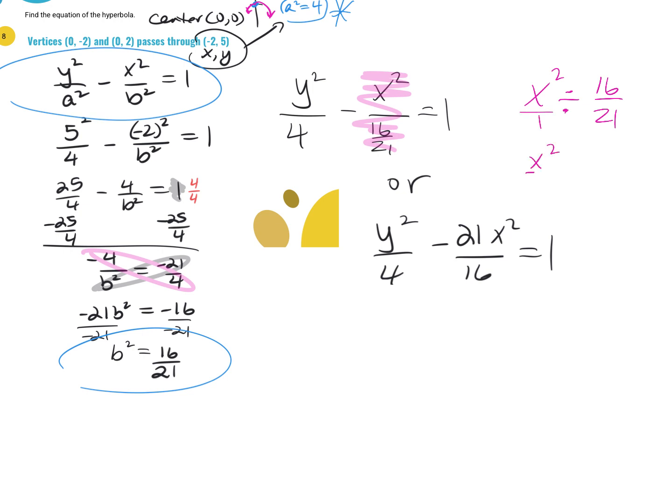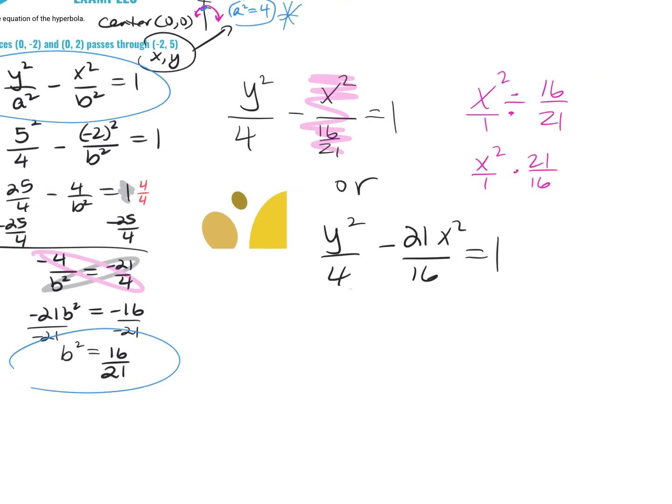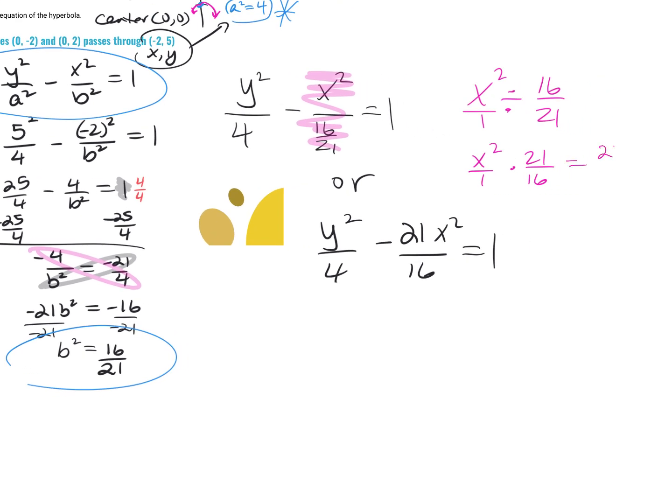So it becomes x squared over 1 times 21 over 16. And that's how we get to change it into 21x squared over 16. So be able to recognize both forms, because sometimes on an SAT or a multiple choice test, you may end up seeing both versions of it. So be able to recognize both.